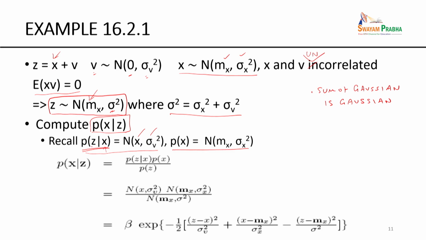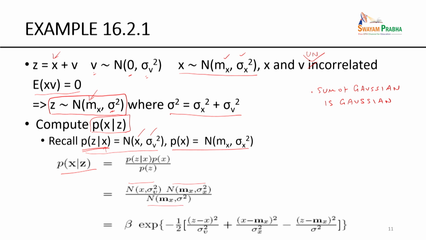I now know p of z given x, I know p of x, I know p of z. So by invoking Bayes rule, p of x given z is equal to p of z given x times p of x divided by p of z. P of x given z is given by this, p of x is given by this, p of z is given by this.